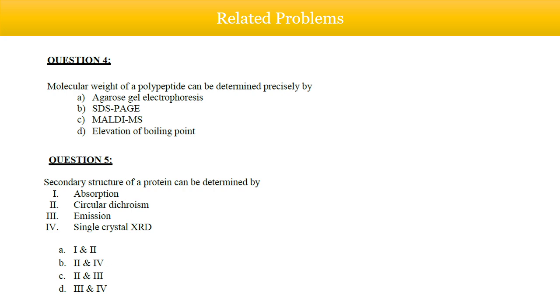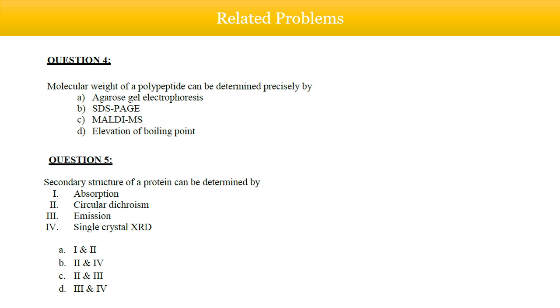Okay, so how can you determine the molecular weight of the polypeptide? Yes, that is right. So SDS-PAGE cannot tell you the exact mass of the protein, but MALDI can tell you it precisely. You get the exact mass, and mass spectrometers are fantastic in giving you the precise mass.